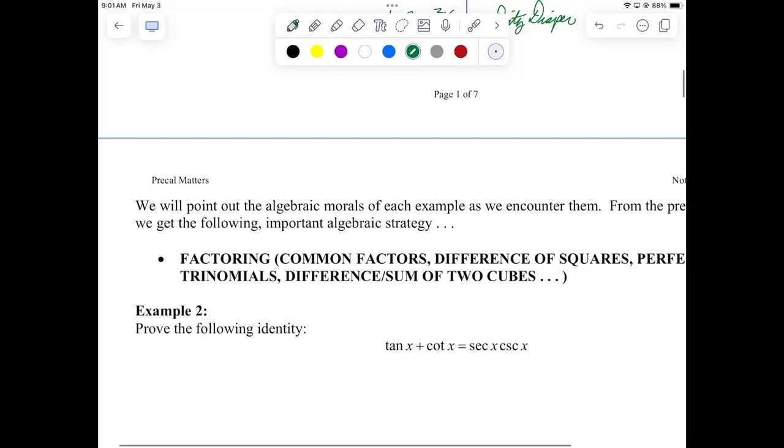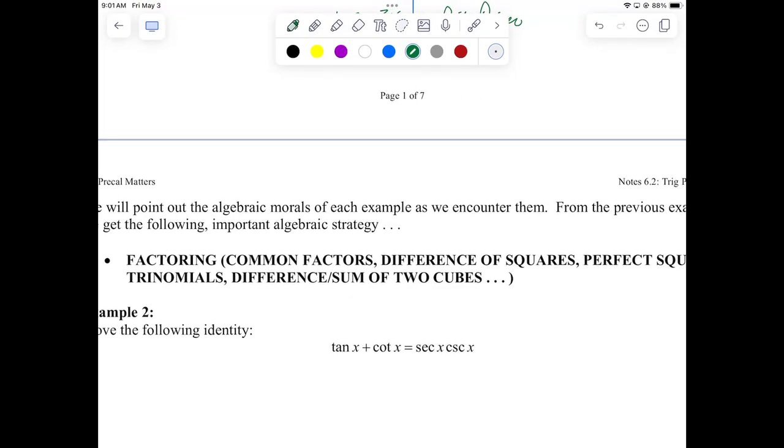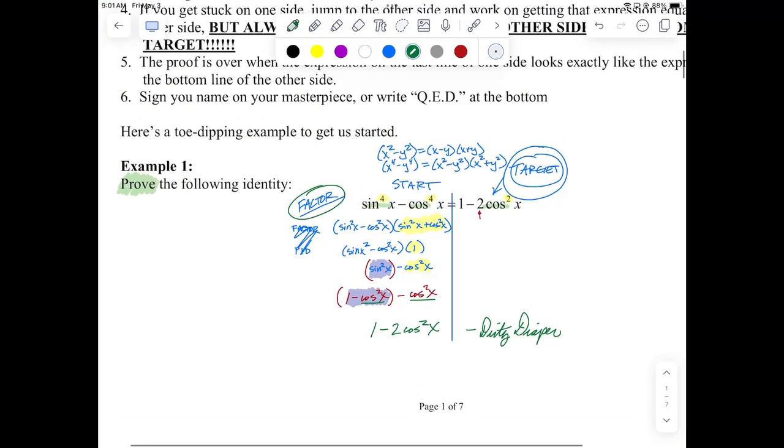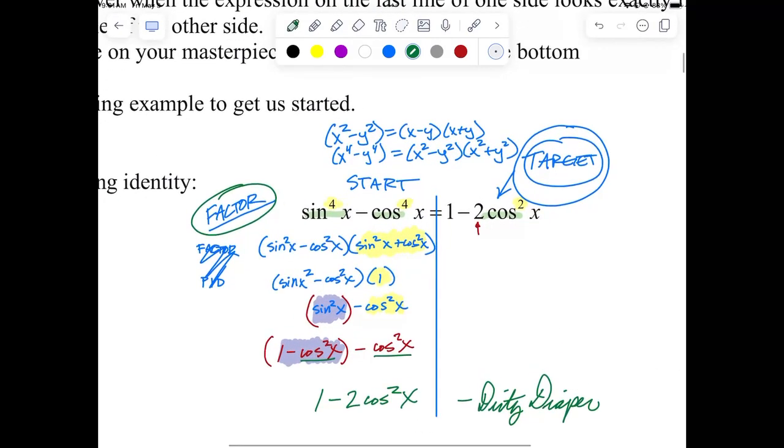This one was factoring. Look for common factors. Look for difference of squares. Look for perfect square trinomials. Look for difference and sum of 2 cubes. All of the factoring stuff that we've had in the past, look for it. We can factor with trig. It doesn't have to just be plain old boring x's. All right, questions on that? That's what a proof looks like. Any comments on that one?